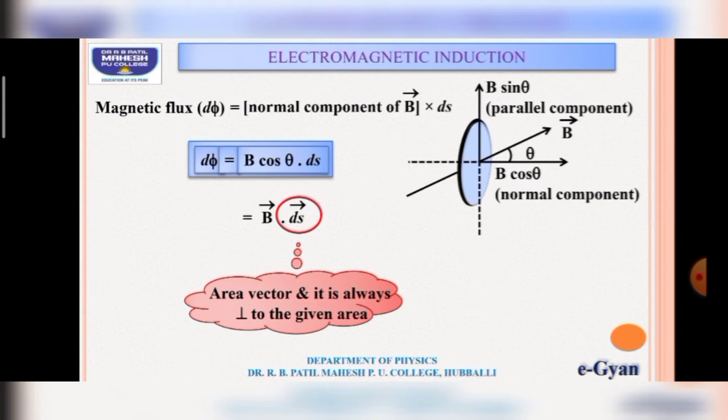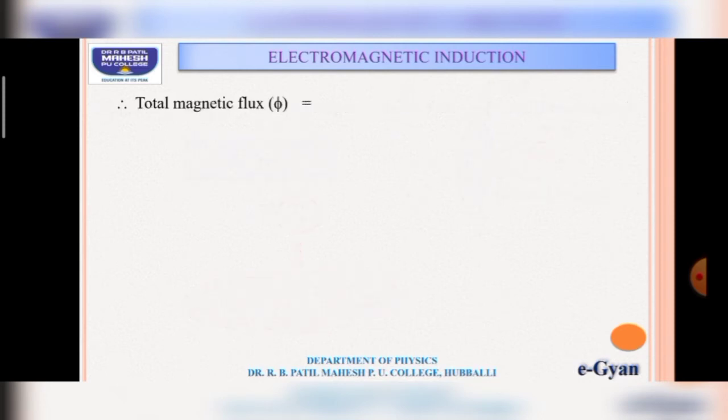Suppose I consider the total surface area, then total magnetic flux is equal to the integration of d phi. That means if you divide the whole surface into smaller parts, we get d phi, and if you add all those, then we get total magnetic flux.